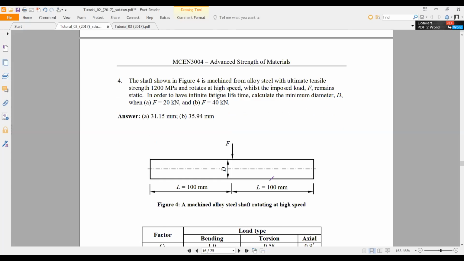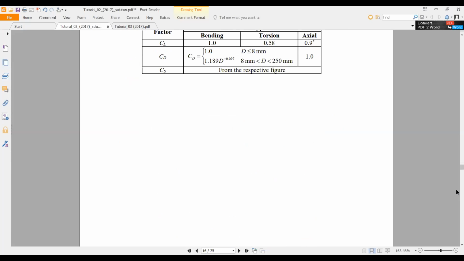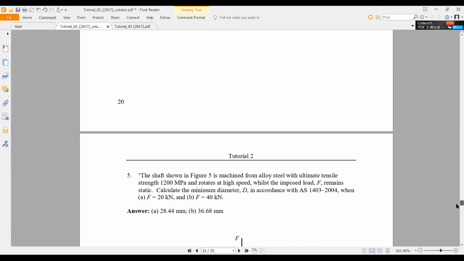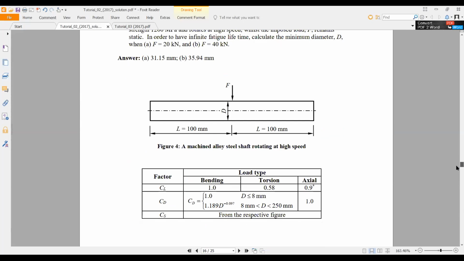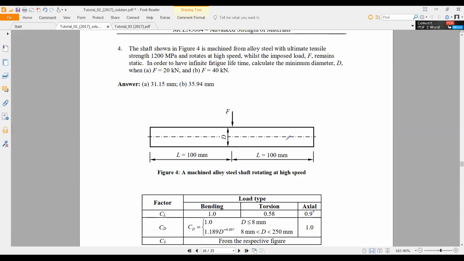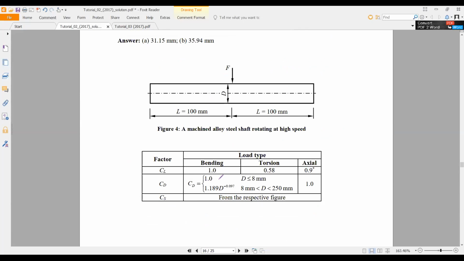If you move to the 4th question, I think it's the last question. Is it? Yeah, there's 5 questions, but I will explain this one only. In this question, you need to find out the minimum diameter. So calculate the minimum diameter. They didn't provide the diameter actually, but they provide the function of diameter with the load factor, the size factor.